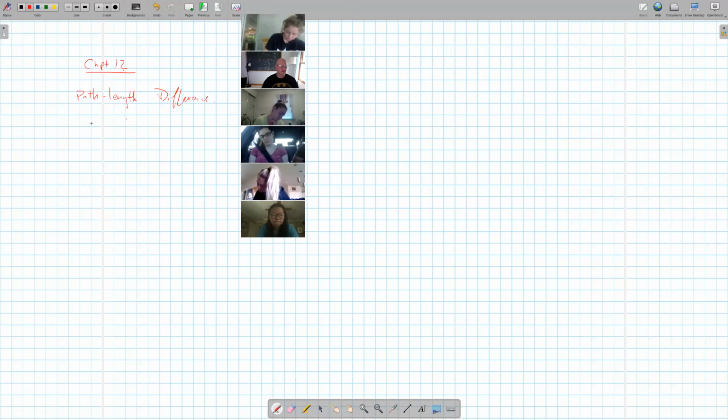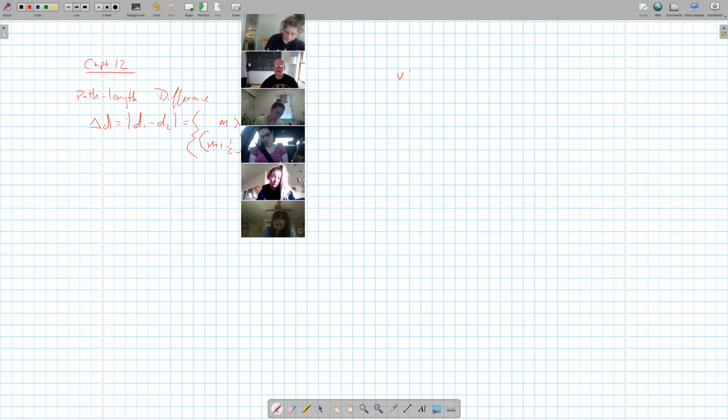For path length difference, we said the difference in the length, which is equal to the absolute value of d1 minus d2, is equal to either m times lambda or m plus a half times lambda, where this is for constructive and this is for destructive. So this is path length difference.